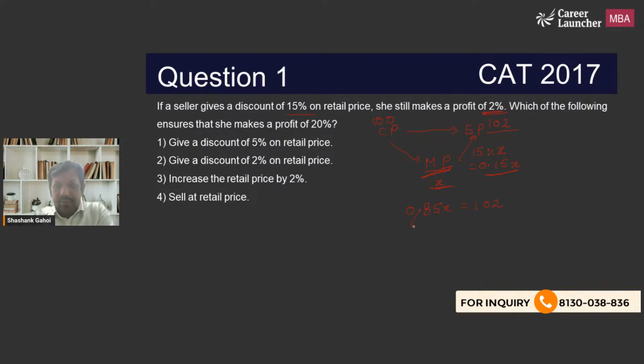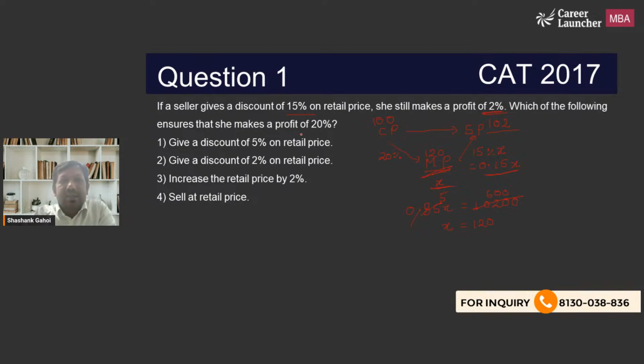Okay, so remove two zeros, I'm cancelling out by 17, so this comes out to be 5, this comes out to be 600. So from here I can say that X is equal to 120. So cost price is 100, mark price is 120. He is marking up the price by 20%.